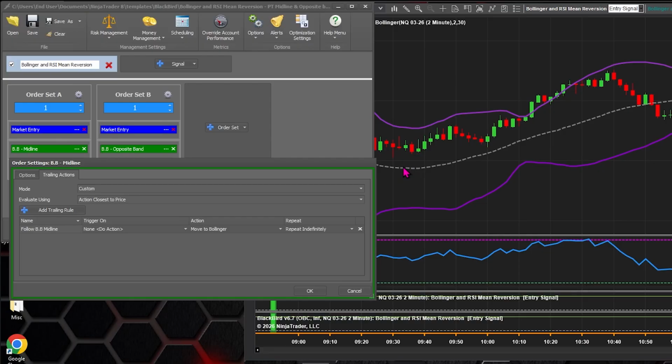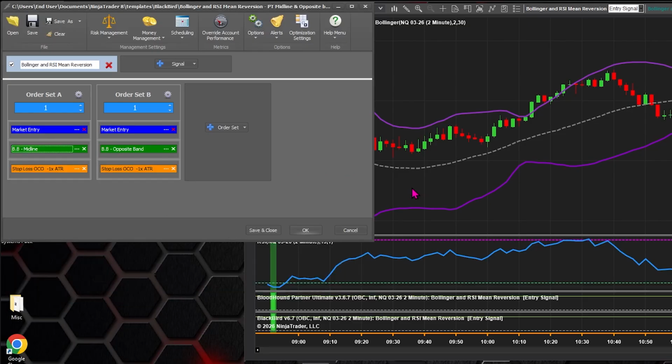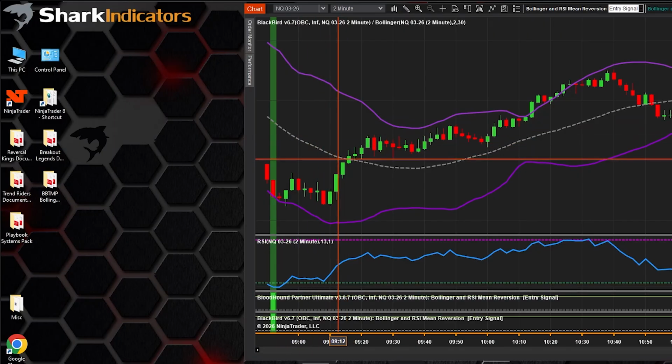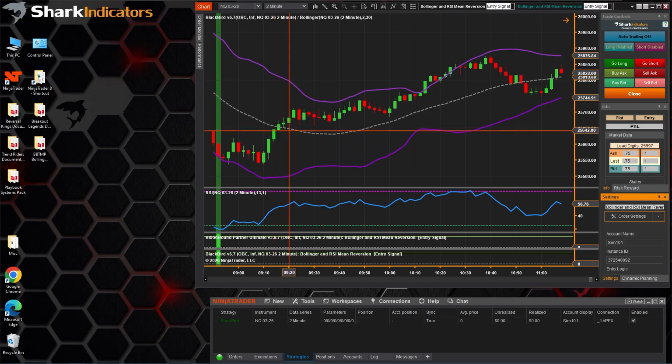The midline is always sloping up or down with the market. So with this entry signal, your profit target starts up there and then follows down with the midline until price comes up and hits it.